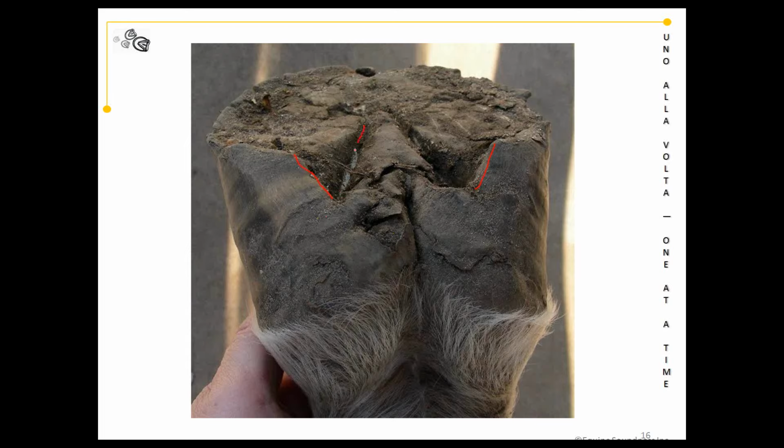If you extend the lines out of the collateral groove, they do not come outside the heel bulbs. He has definitely thrush. We will talk about thrush way later. And the rest of it I would name neglect, because he's obviously not well taken care of. He also has sole contraction and bar contraction.